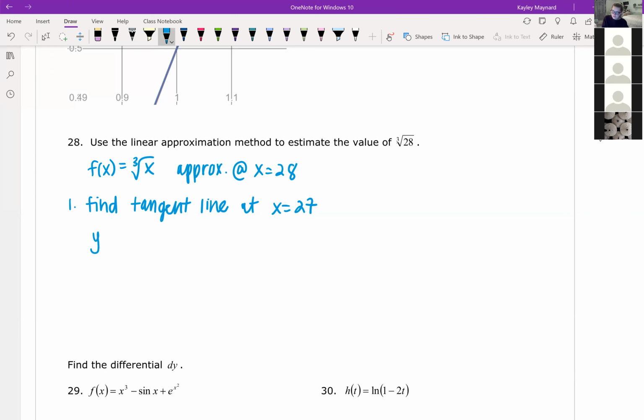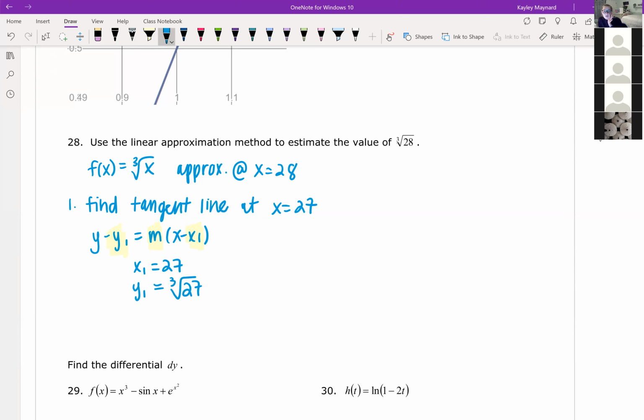So whenever we're finding a tangent line, we have y minus y1 equals m times x minus x1. I think I've probably written this down maybe 100 times this semester. Never gets old. So first of all, we want to find y1, m, and x1. You're given x1 because we're finding the tangent line at 27. To find y1, we're going to do the cube root of 27.